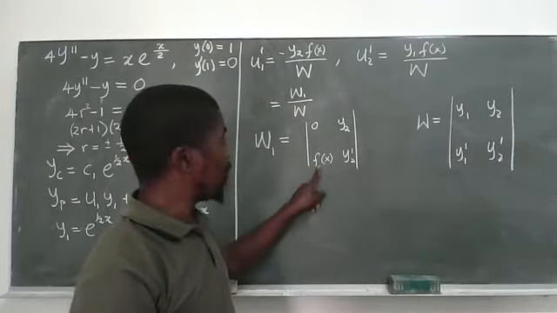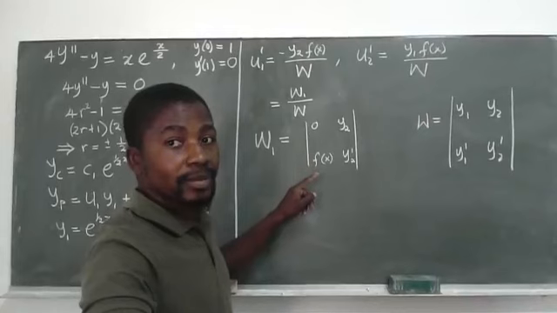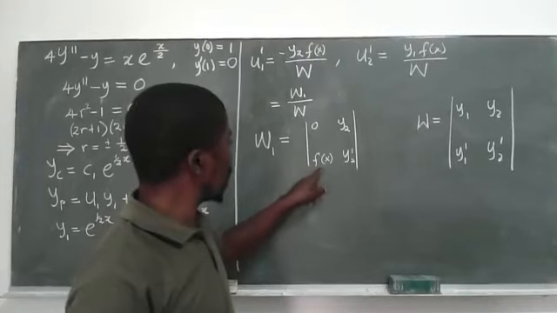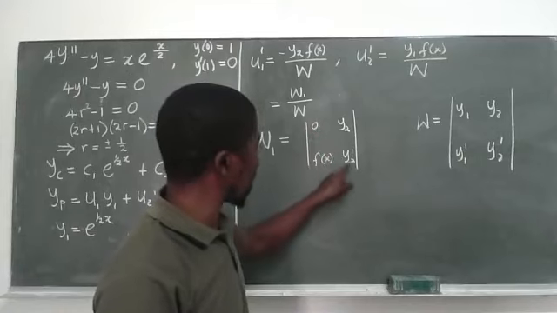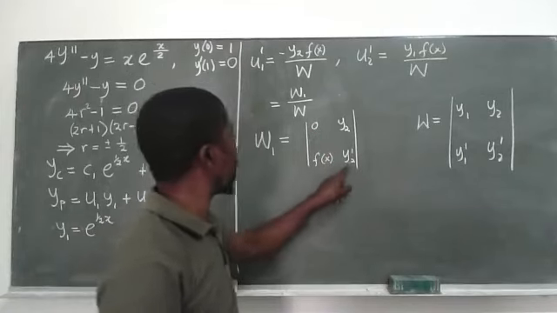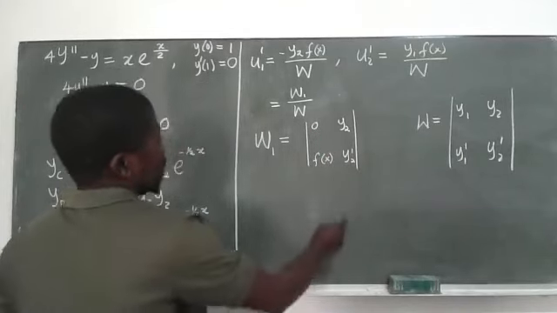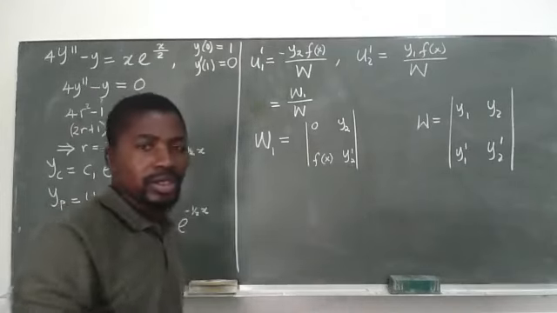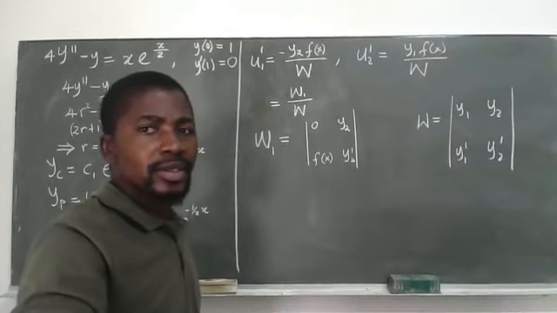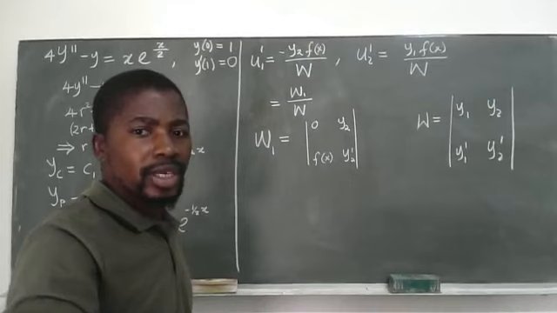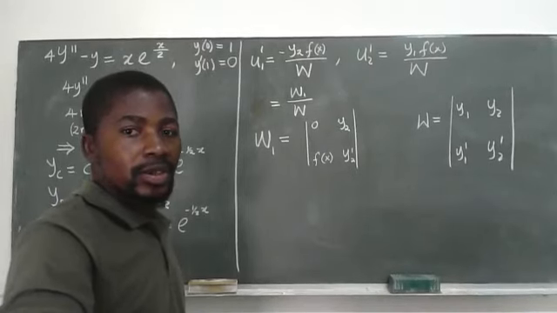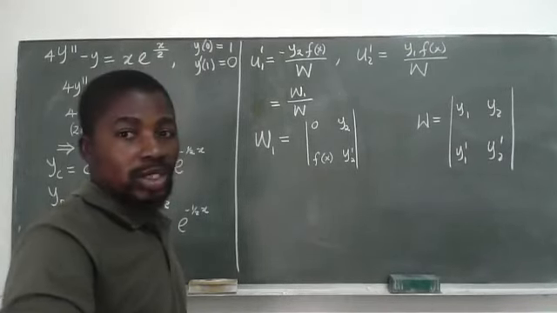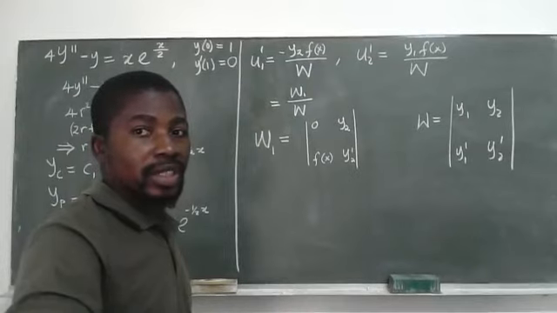If you do that, you will calculate the determinant of this. You say this times that, you get y2 prime, that's 0, minus y2 f of x. Okay, perfect, that's correct.